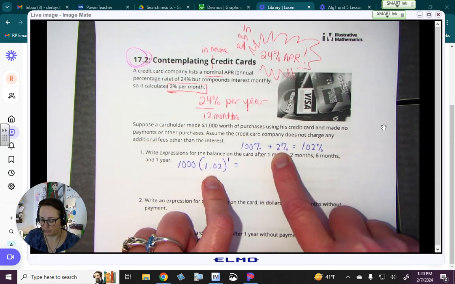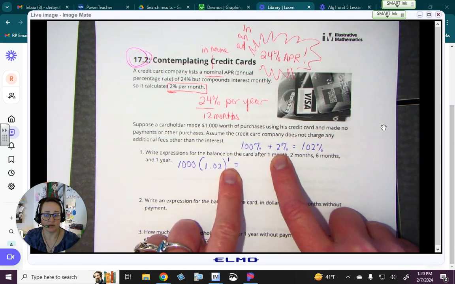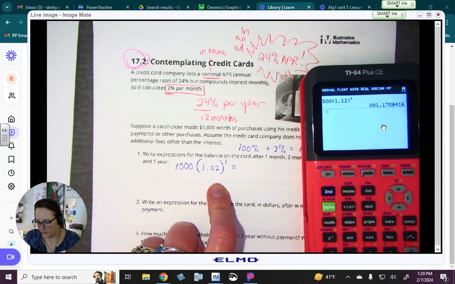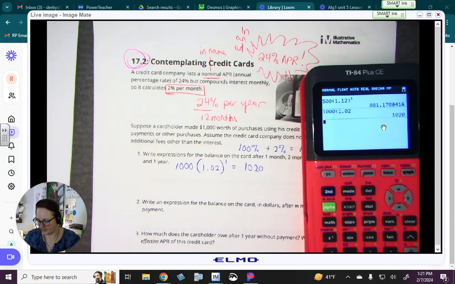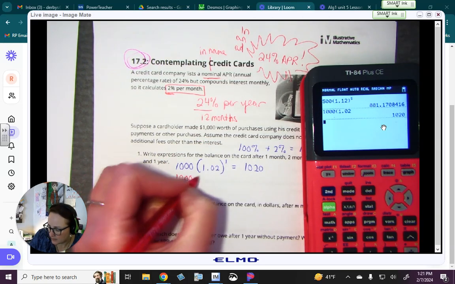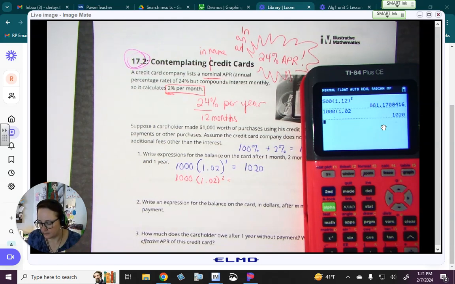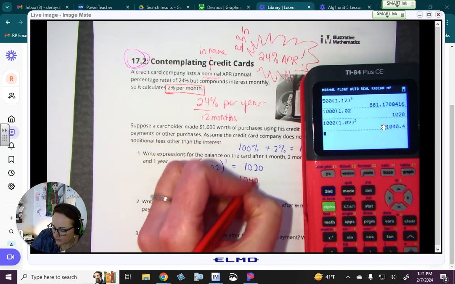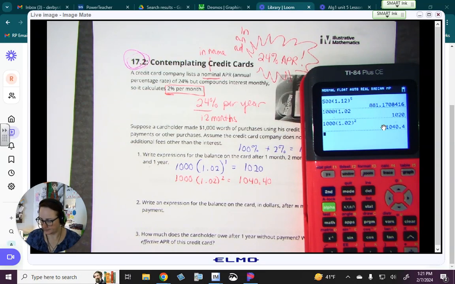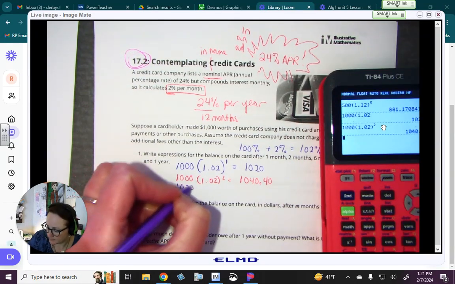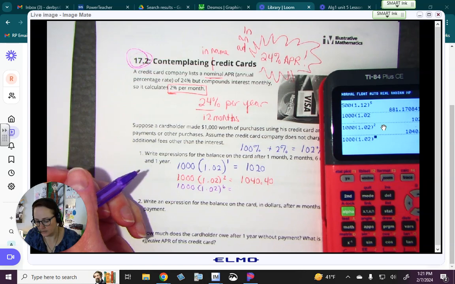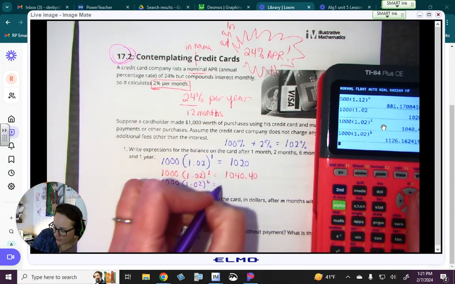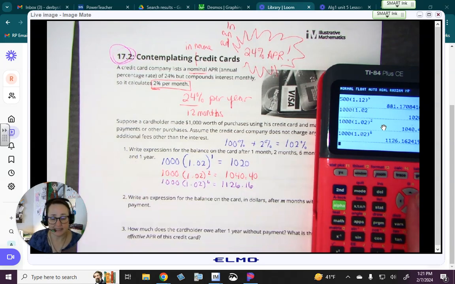Okay, so we're making sure that we're using the monthly rate here and calculating it every month. 1,000 times 1.02, $1,020. 2 months, 1,000, 1.02 to the second power. $1,040.40. 6 months. 1,000 times 1.02 raised up to the sixth power, $1,126.16.